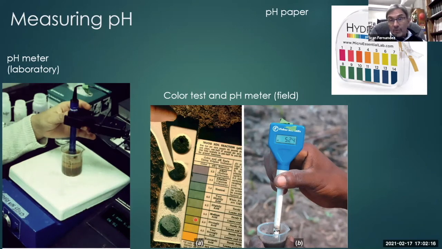Colorimetric tests are the sort of long-term standby. And then this is kind of the gold standard: pH meters in a laboratory with an electrode that has ion selective glass at the end of it that's sensitive to hydrogen activity, and we get really accurate measurements of pH.